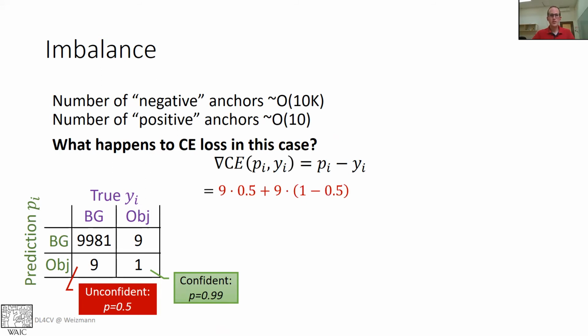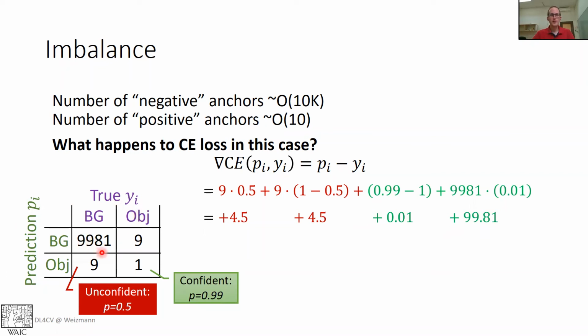If we look at the gradient magnitude for the misclassified anchors, we have this term. And if we look at the gradient of the background, we'll see that although we have gradient for these misclassified examples that we want to improve, the gradient is dominated by the sheer number of examples we have from the background.